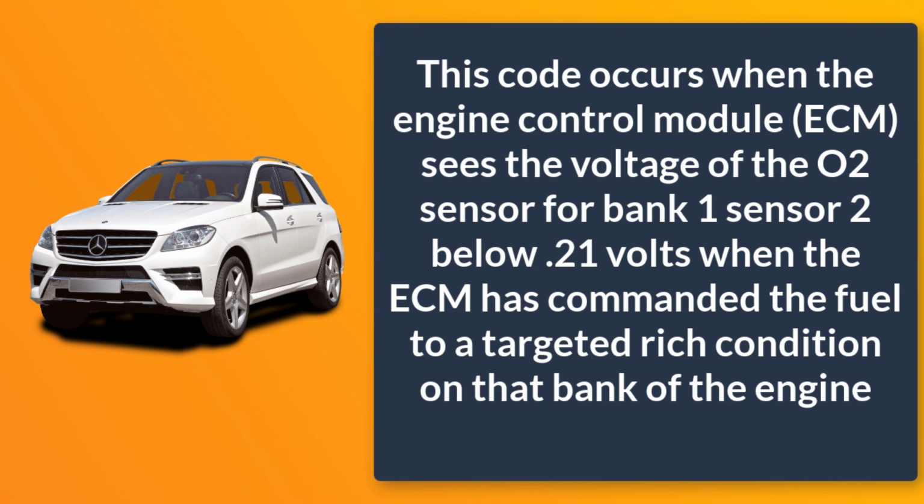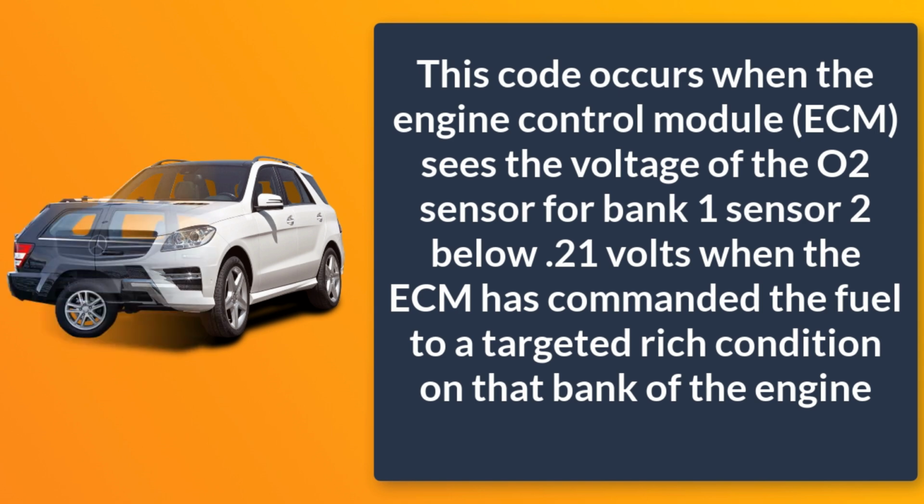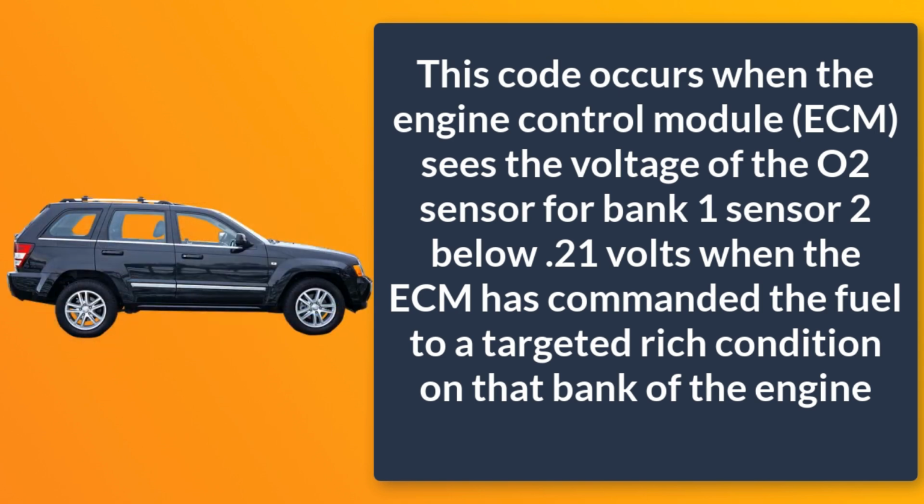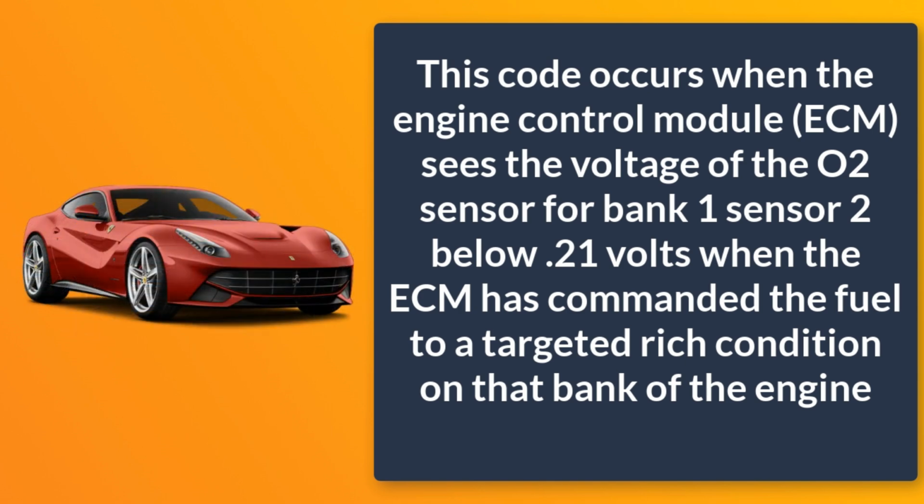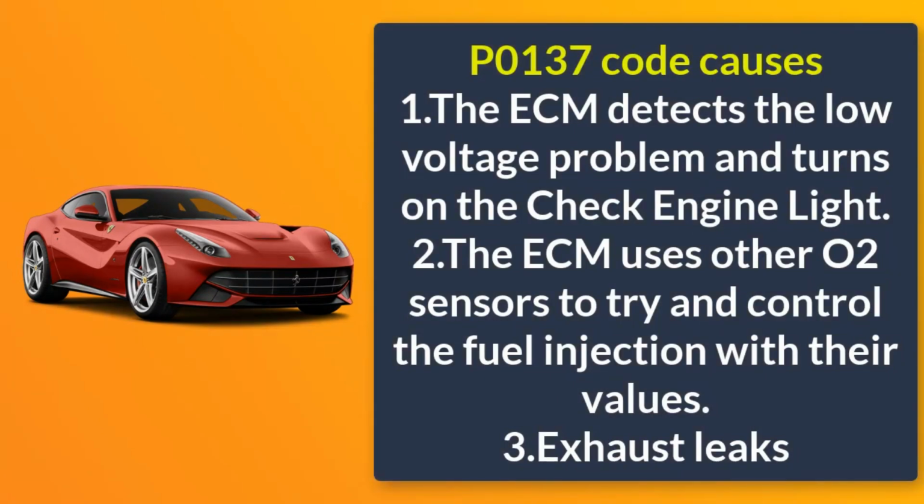This code occurs when the engine control module, ECM, sees the voltage of the O2 sensor for Bank 1 Sensor 2 below 0.21 volts when the ECM has commanded the fuel to a targeted rich condition on the bank of the engine. There are three possible cases with this P0137.